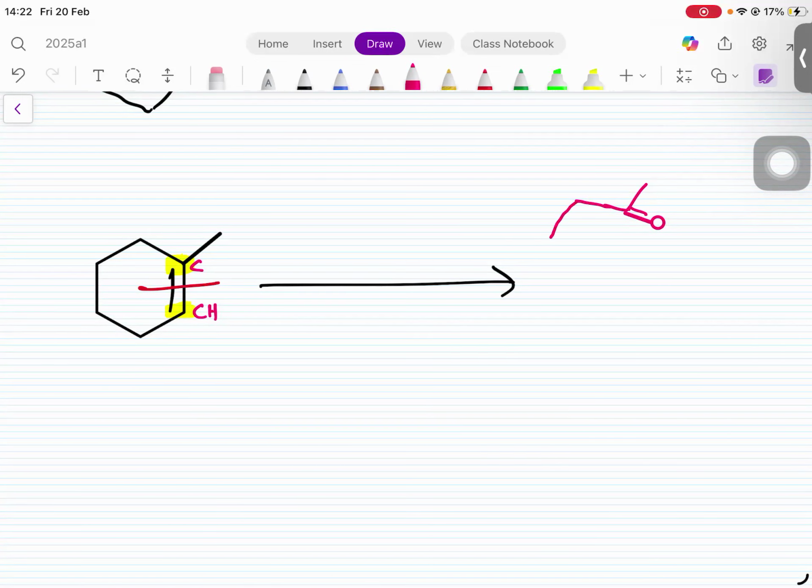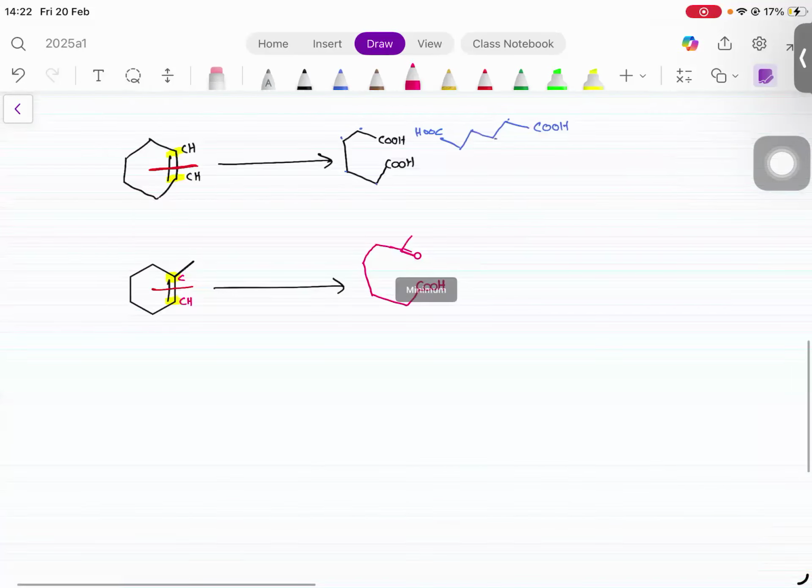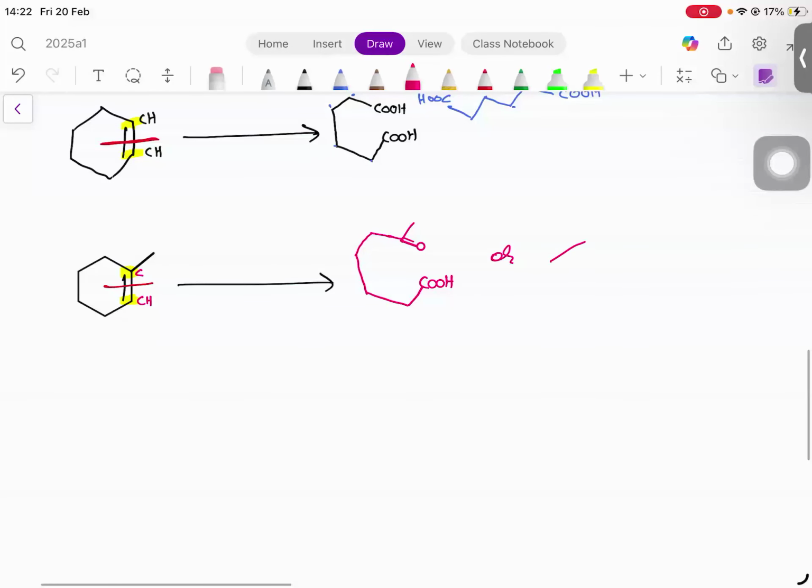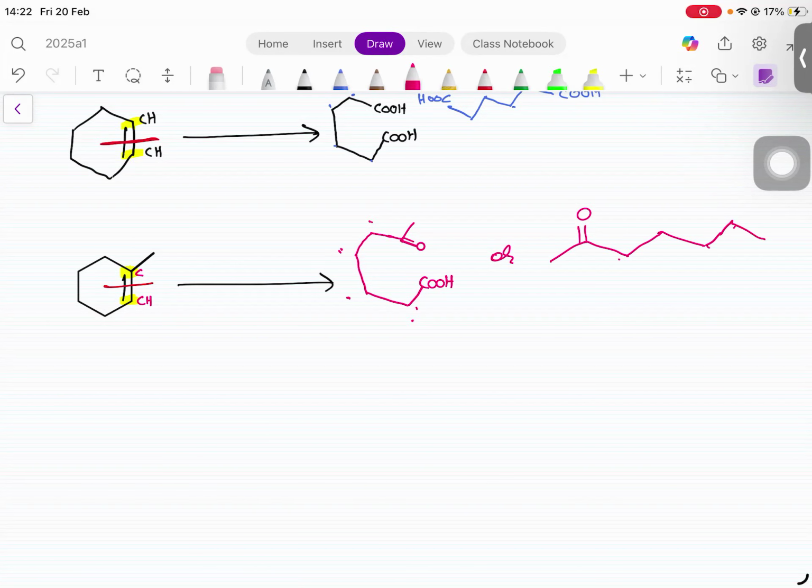And then this becomes COOH. So you can either write it like this, that there is a ketone at carbon number 2, and then COOH. This is the product.